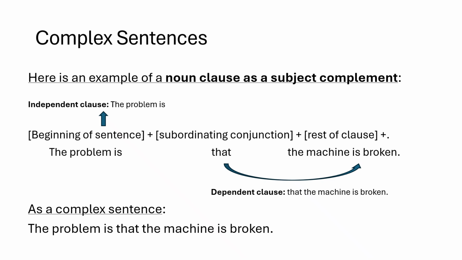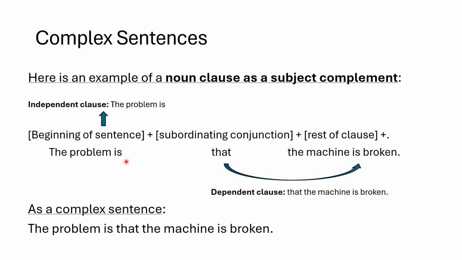Is a linking verb. A linking verb must be followed by a subject complement to complete its meaning. Ask the question, the problem is what? The answer is the dependent clause, that the machine is broken.